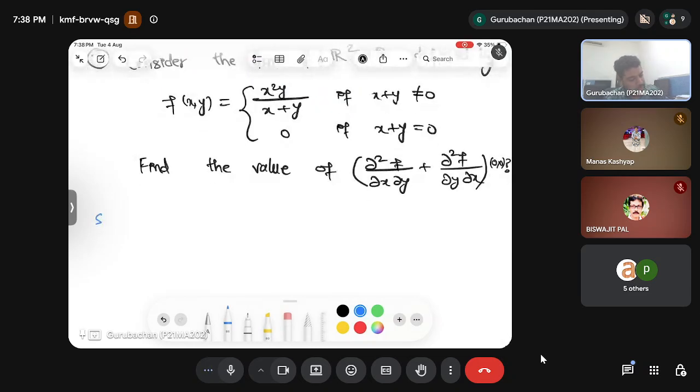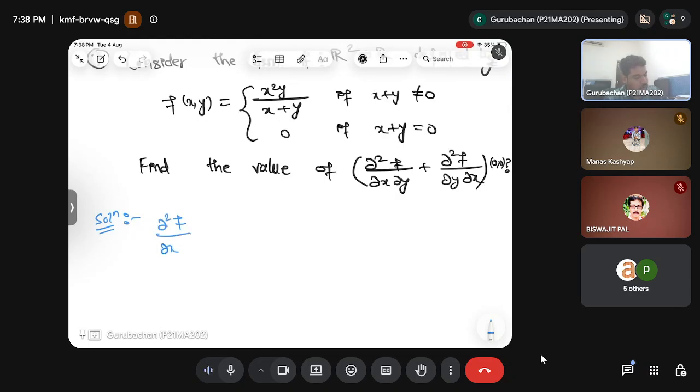I hope it is not difficult for you to calculate this value, because how can we define del square f del x del y? Tell me the definition. Del by del x of del f by del y.